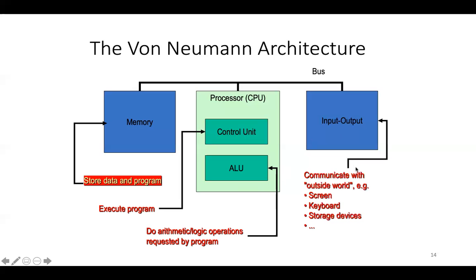Input and output organization communicates with the outside world, that is, screen, keyboard and storage devices. This is the basic block architecture of the von Neumann architecture. Basically every computer architecture is designed using this as a base. That's why he is the father of computer architecture.